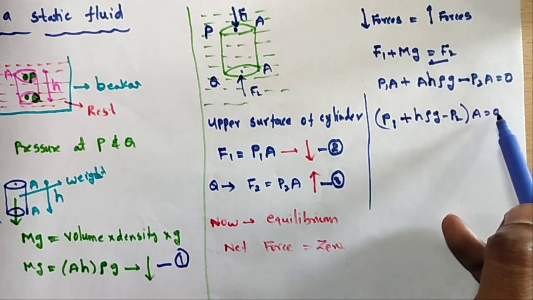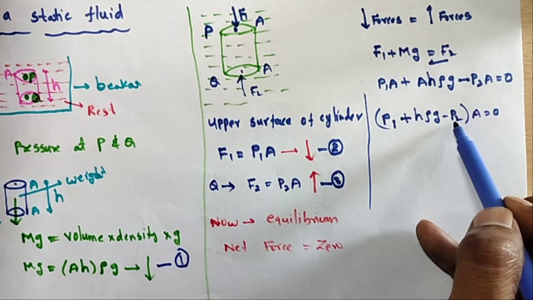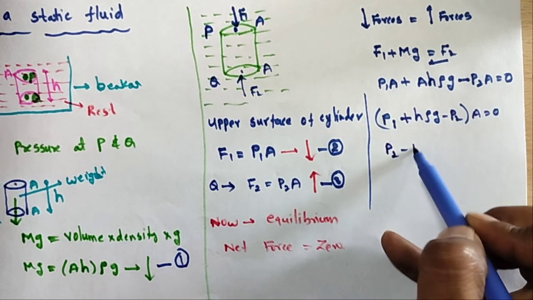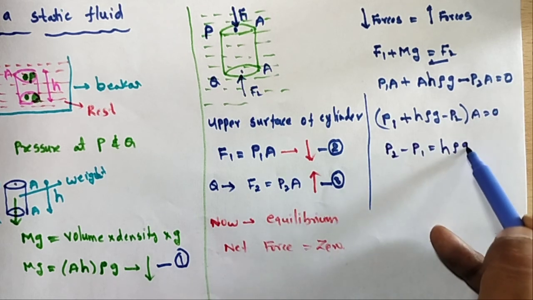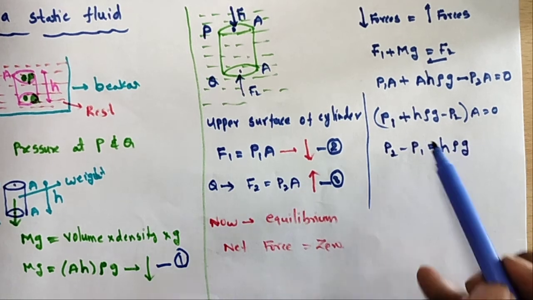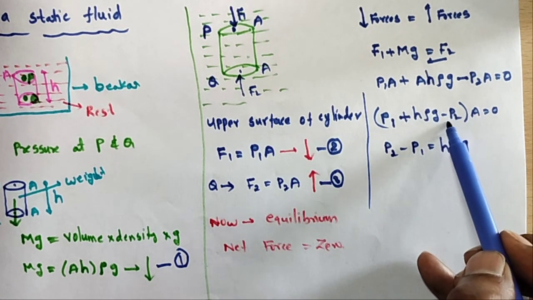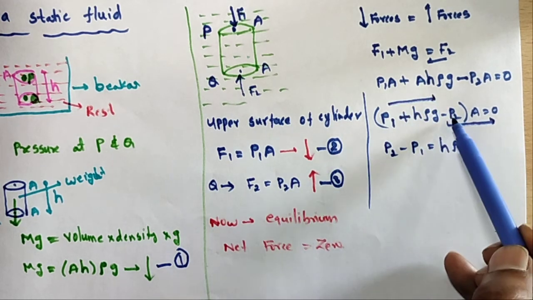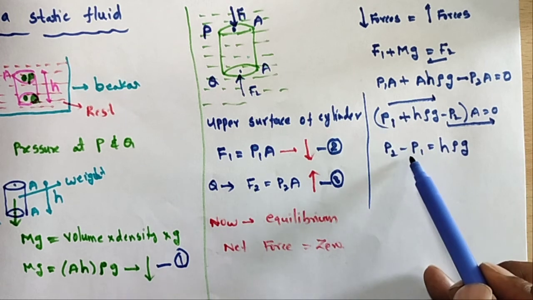So A goes to that side, it is equal to 0, and I will write P2 minus P1 is equal to h rho g. Okay, all of you clear? So h rho g is on this side, minus P2 goes to this side, and P1 goes to the other side; minus P2 becomes plus P2, and plus P1 becomes minus P1.